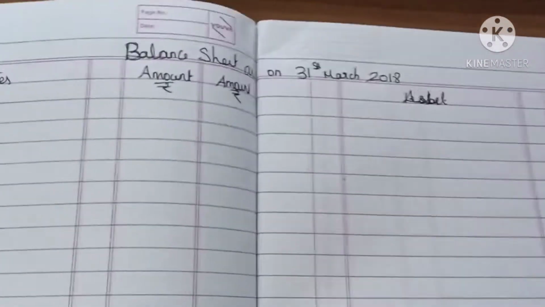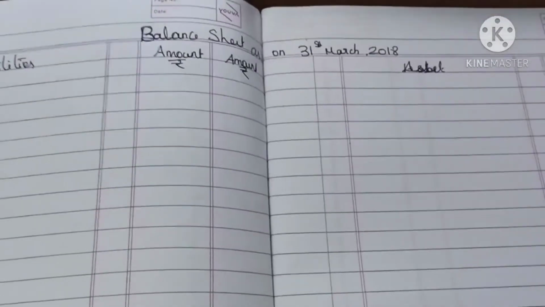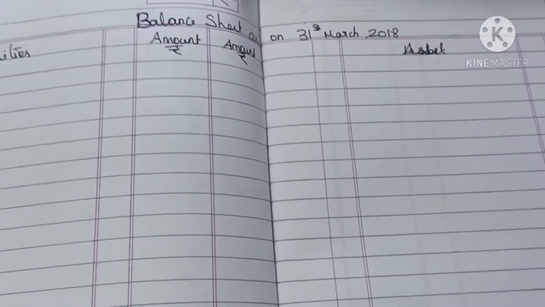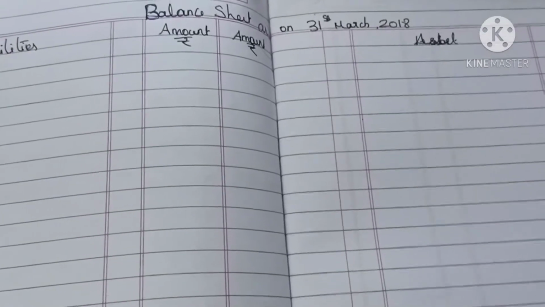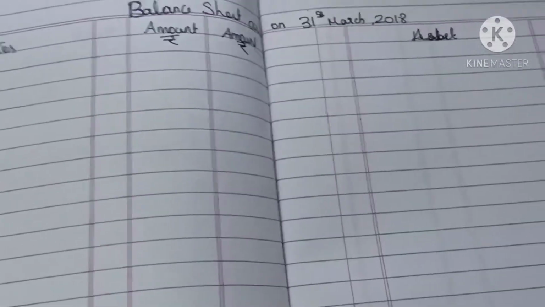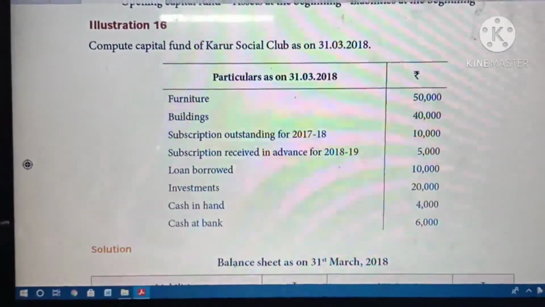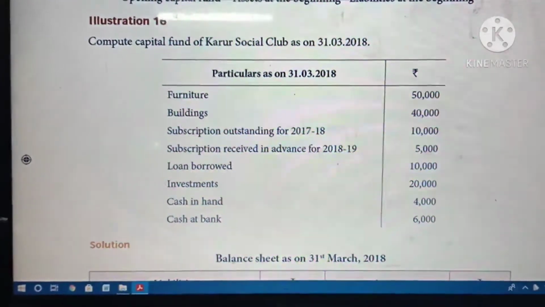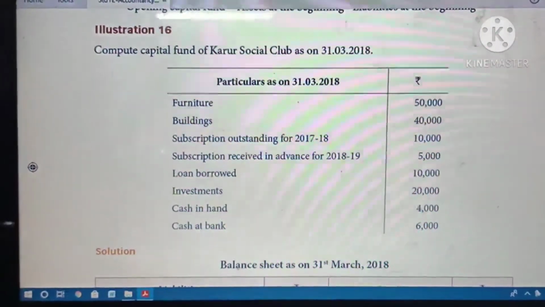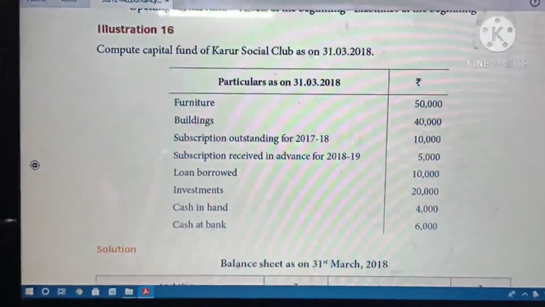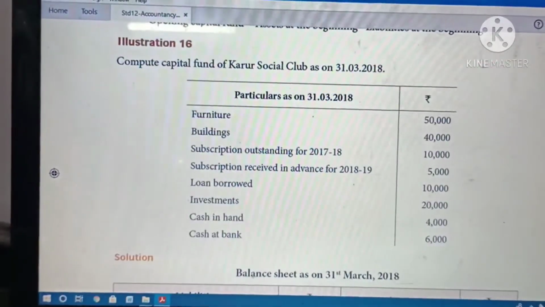Now we are going to enter all the assets on the asset side, all the liabilities on the liabilities side. Furniture, building, subscription outstanding, investment, cash in hand, cash at bank are all assets. So now I am going to enter all the assets on the asset side one by one.